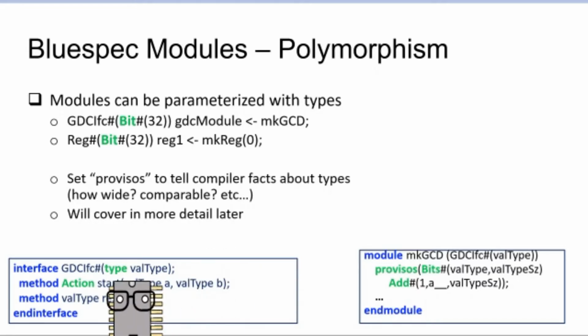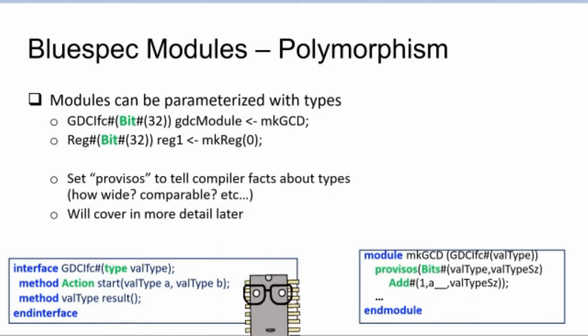And since we are parameterizing val type, I can actually write the start method to use a val type for A, val type for B, and then val type for result. I can do it this way.